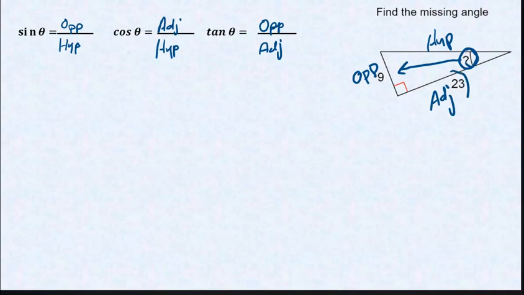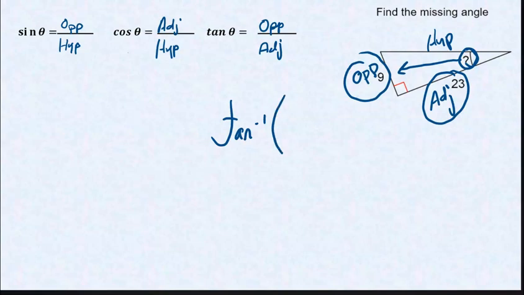Now, this is going to be opposite and adjacent again. The examples I found for some reason love tangent. And what we're doing here is we're going to use an inverse trig ratio. This is a dedicated button on your calculator.